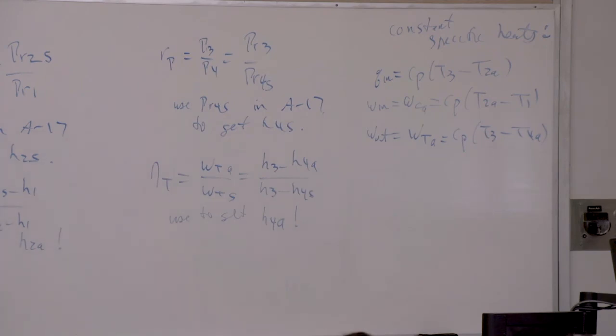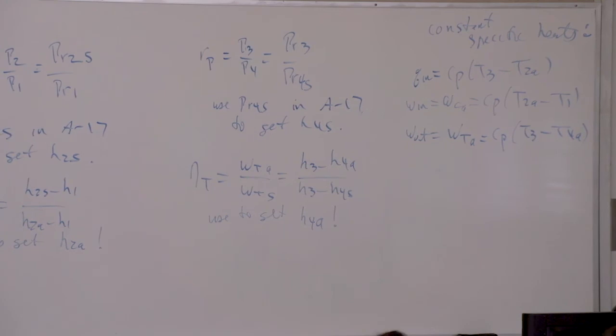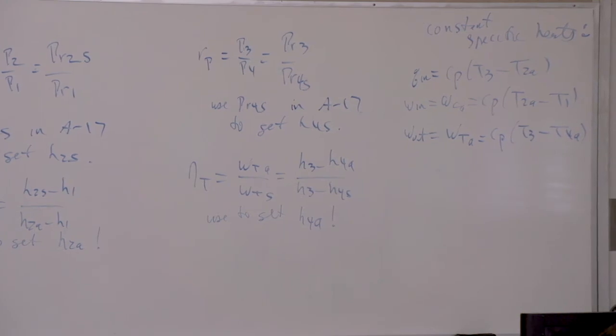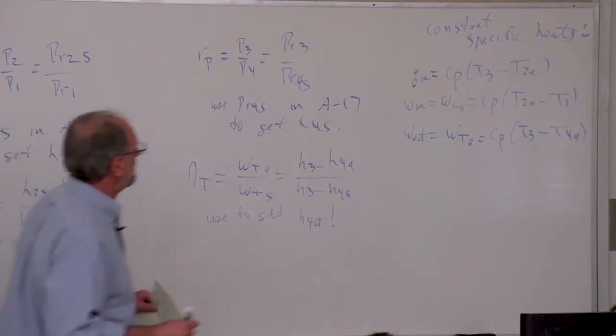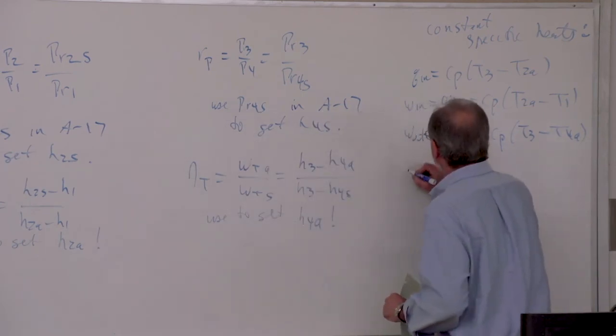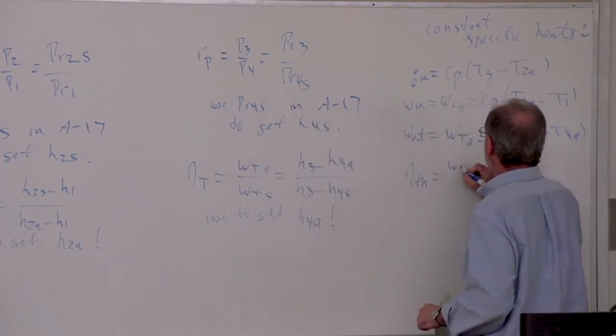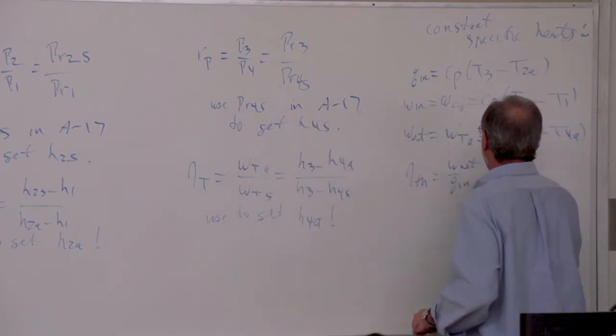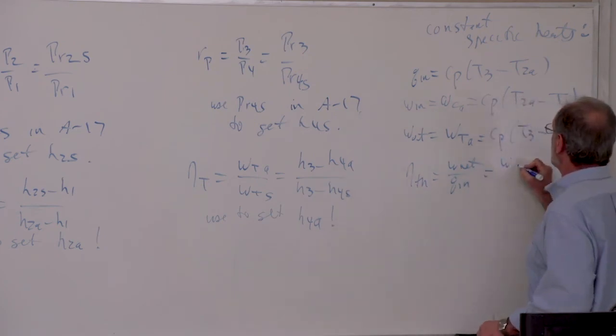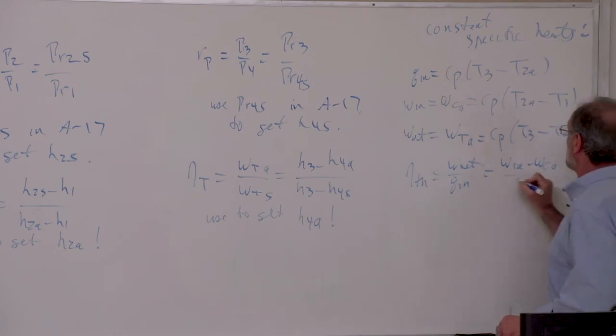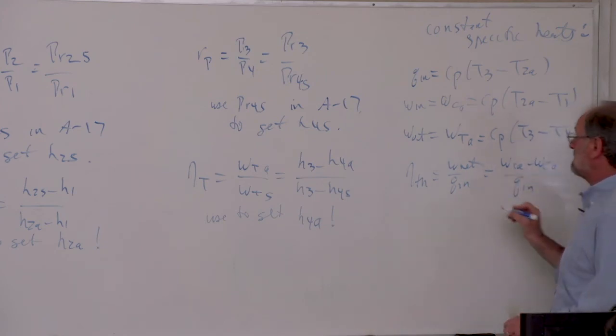And then, of course, the equation for thermodynamic efficiency isn't going to be really any different. So the thermal efficiency is still just the net work over the heat input. In other words, the turbine work minus the compressor work over the heat input.